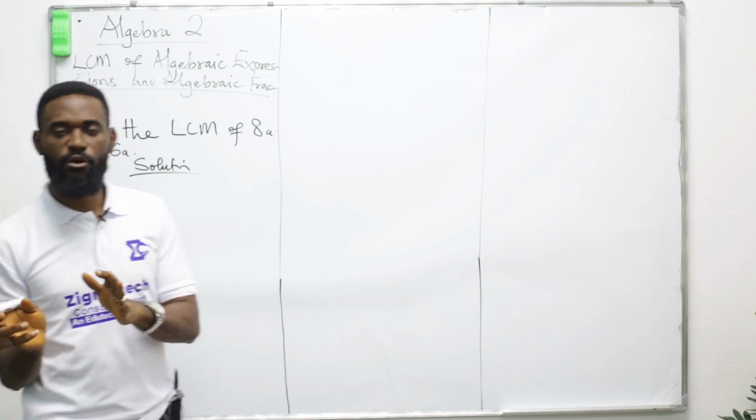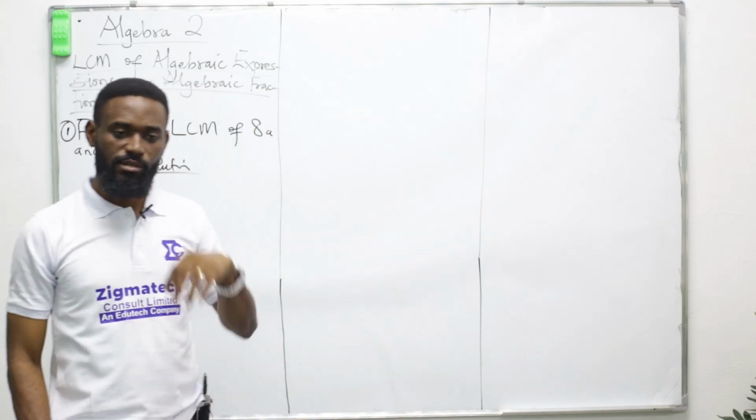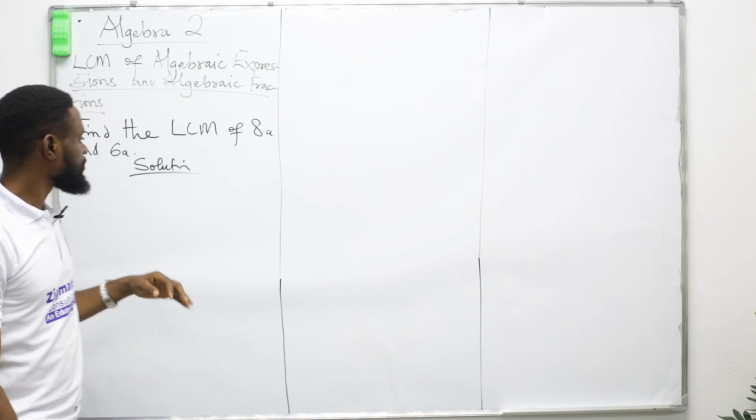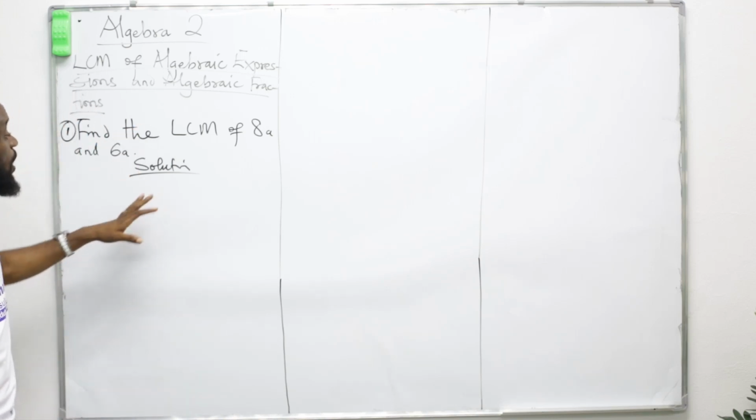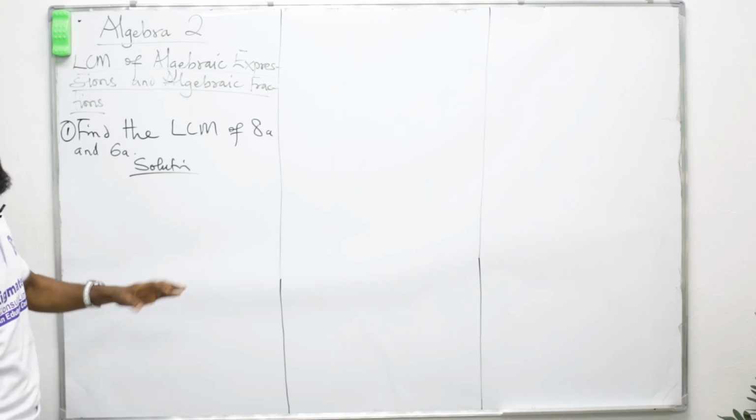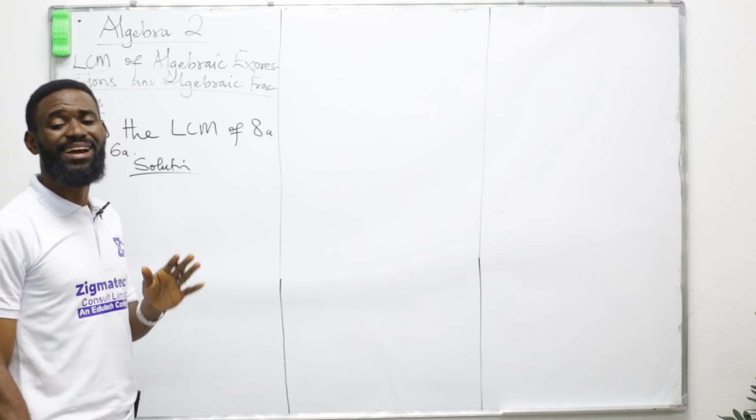Now, the difference is that when we did the HCF of algebraic expressions, we had to use the method of division. Here we'll also use the method of division, which is the simplest method of solving LCMs.